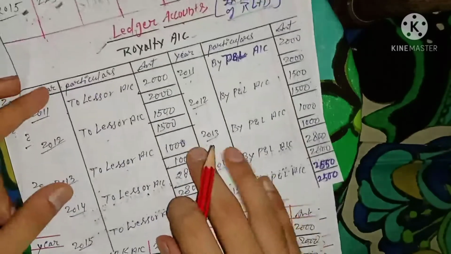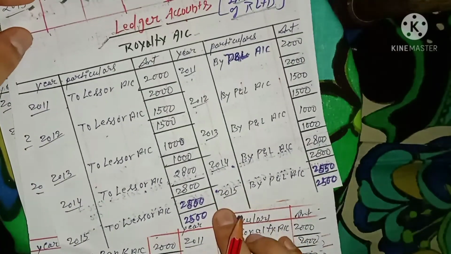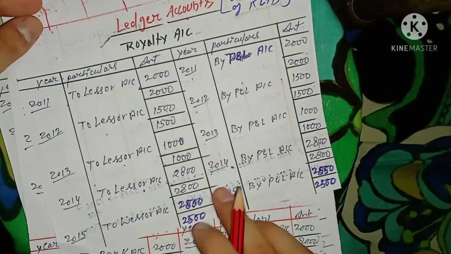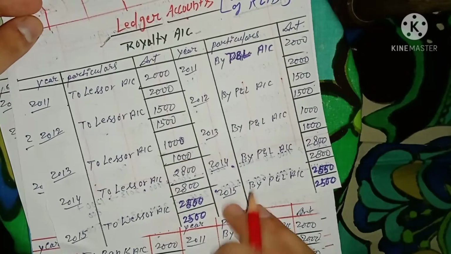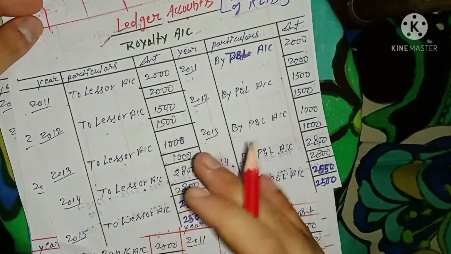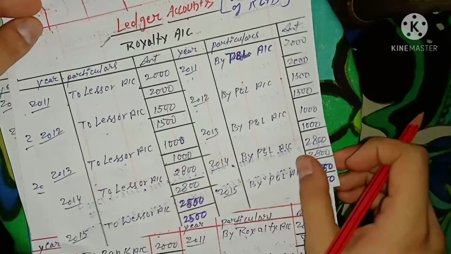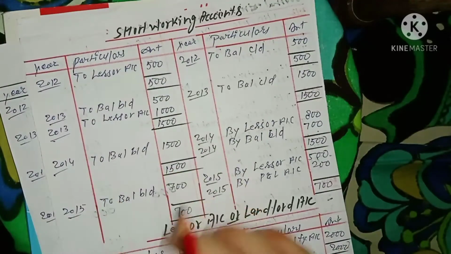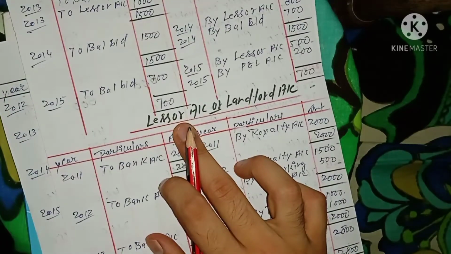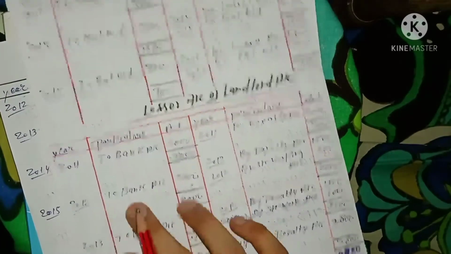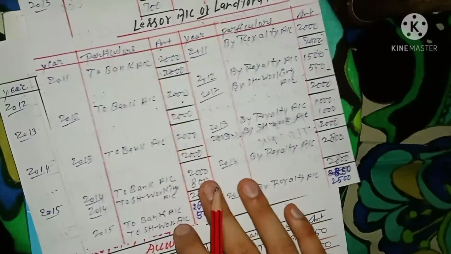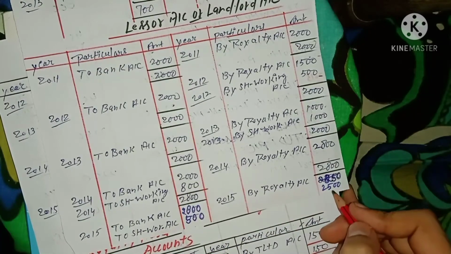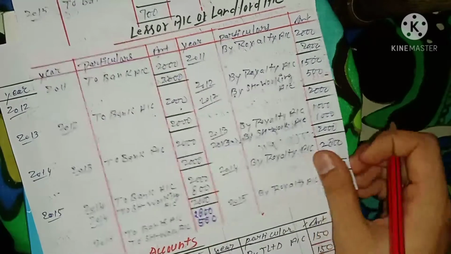If you really want to see how I did it, you can pause the video for a while, and after knowing how to pass journal entries, you simply match them while transferring from the journal to the ledger. And this one, you can see, is our short working in the years 12, 13, 14, 15, and similarly the lessor account for the years 12, 13, 14 and 15. You can simply post them. Now this is 2500 and here is our 2500, and the account has been closed.